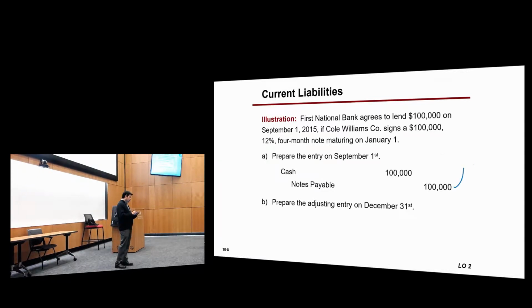This is always at face value. Always. Notes payable, like notes receivable, always at face value. Companies will not mix notes payable with interest payable, in the same way that notes receivable will not be mixed with interest receivable. Those are two different things.